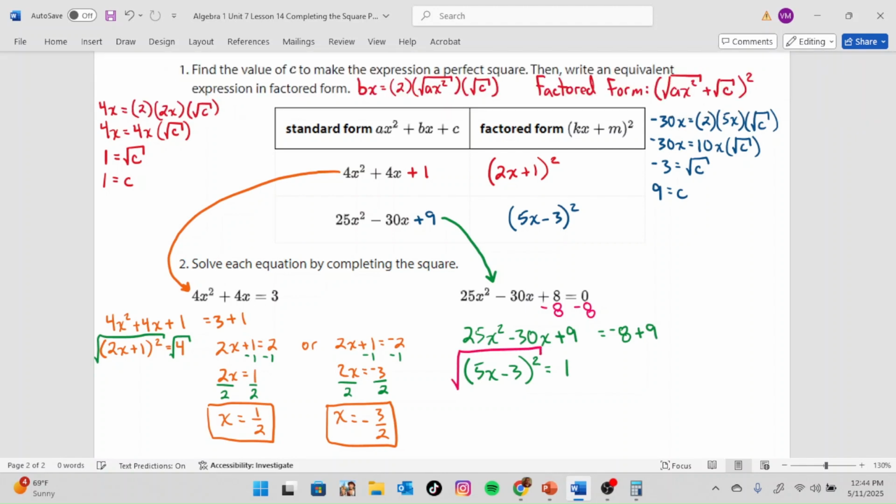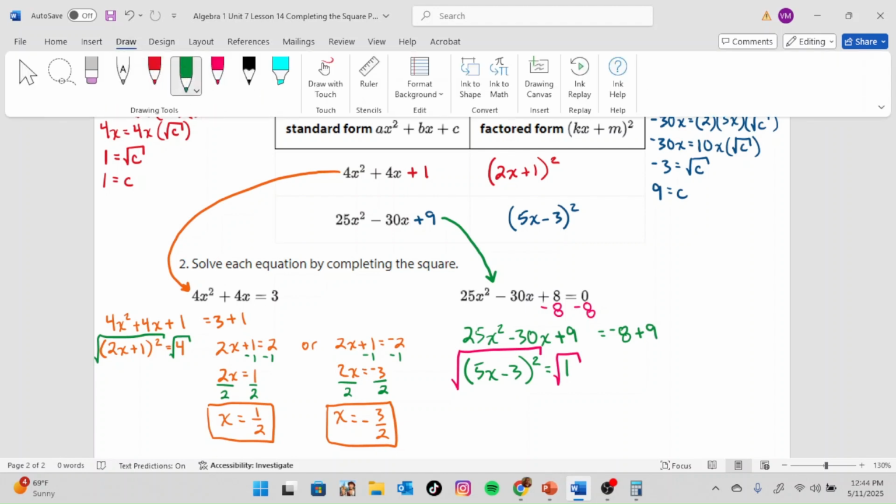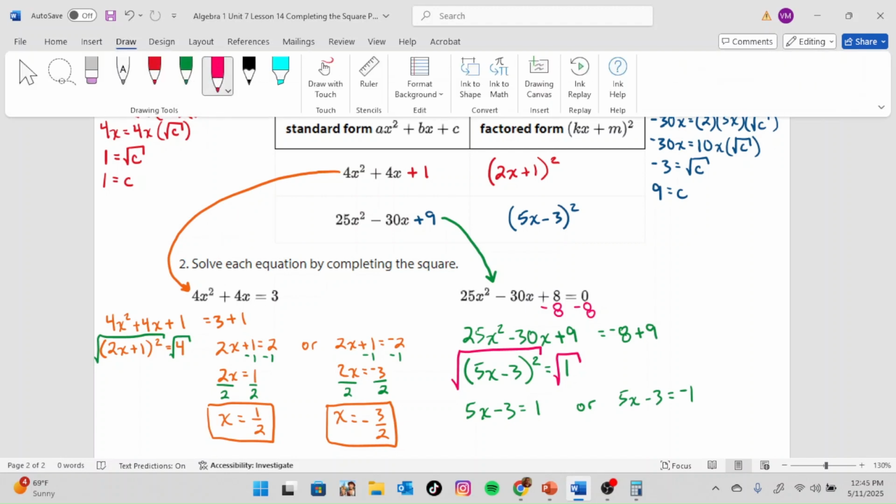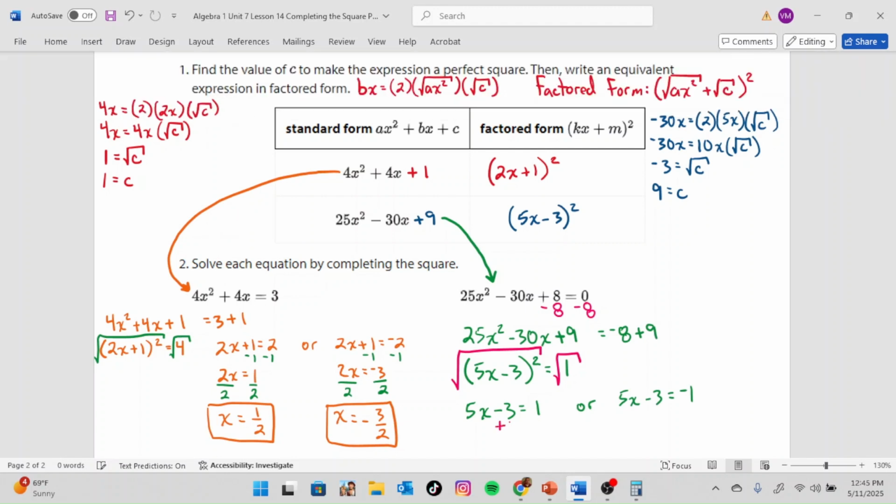Now we're going to take the square root of both sides. And when we do that, 5x minus 3 equals 1, or 5x minus 3 equals negative 1. We add 3 to both sides of both equations.